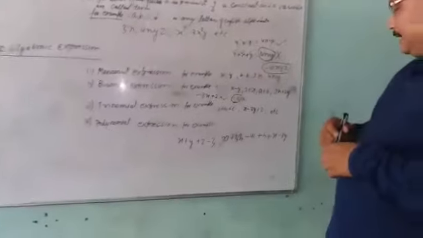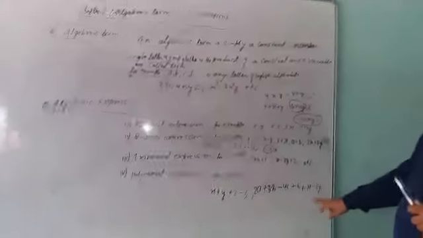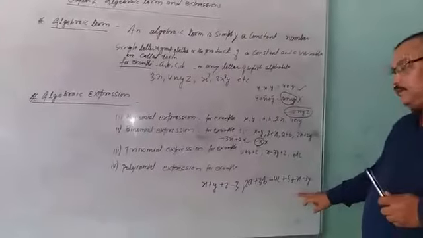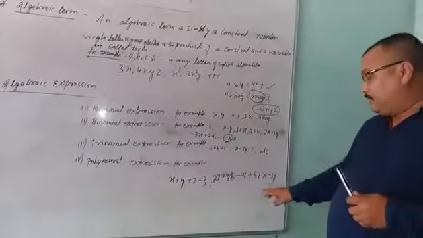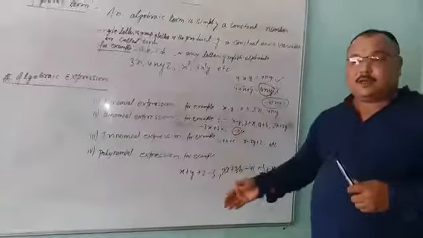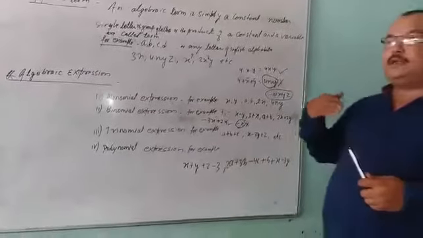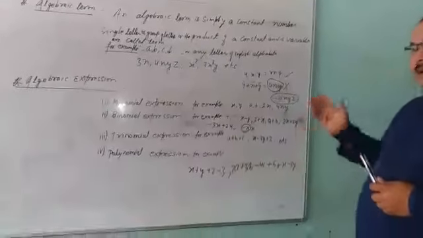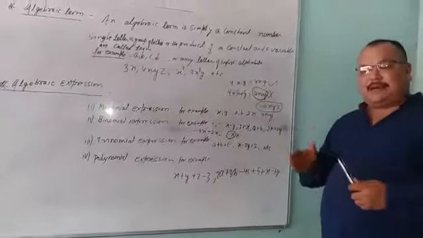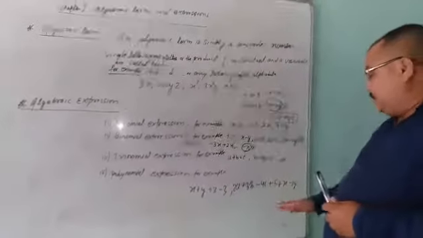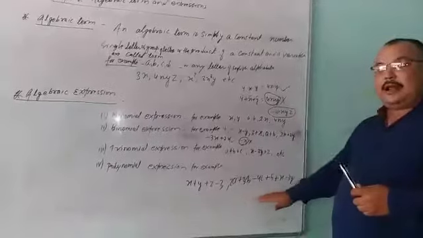So this expression is called a polynomial expression because there are more than 3 terms. Any expression which has more than 3 terms, with each term separated by plus and minus sign, is called a polynomial expression.